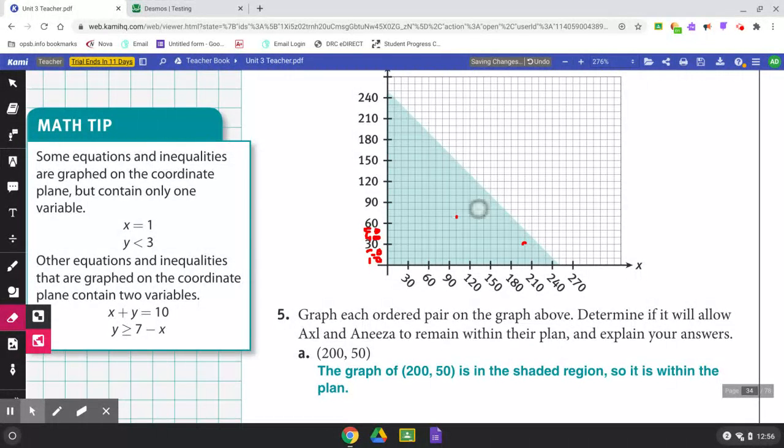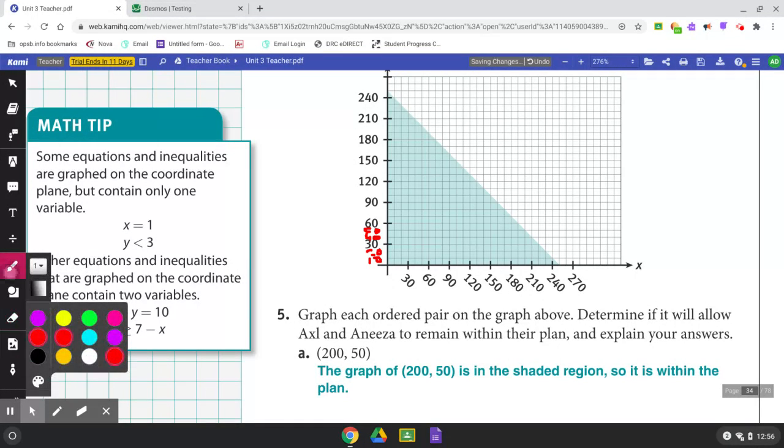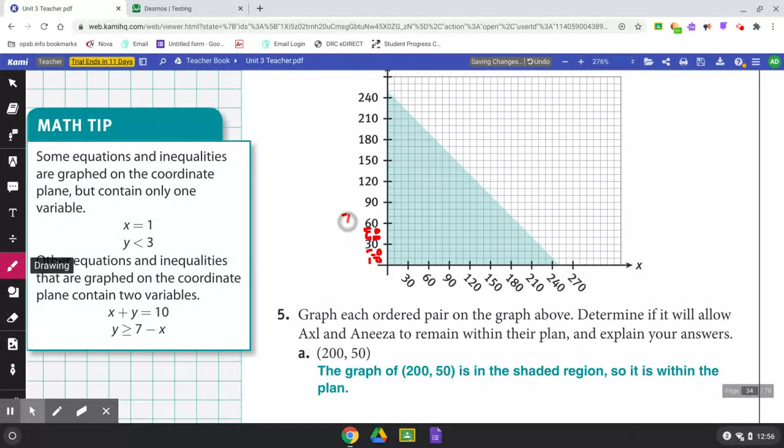Let me see if I can get my pen to be more precise. So it'll be 60, 70, 80, 90, 100, 110, so on and so forth. And then down here, it's 10, 20, 30, 40, 50, so on and so forth.